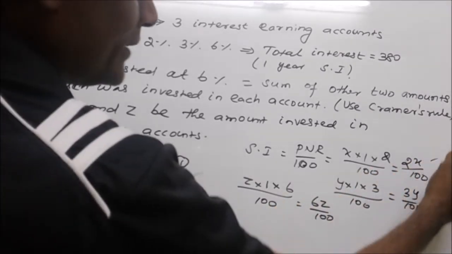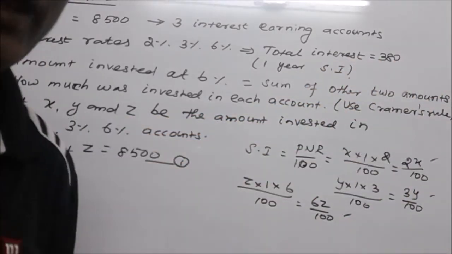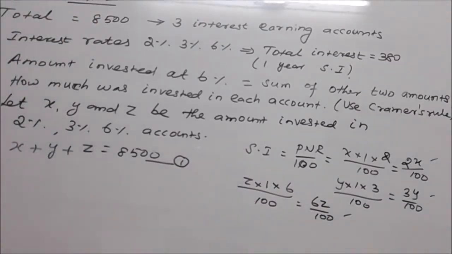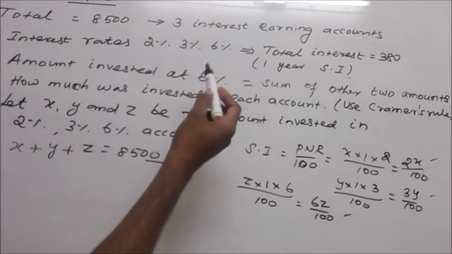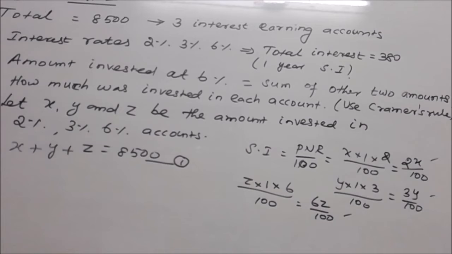So these are the interest earned in 1 year. The total interest value is 380, given. So we should add these three values and equate to 380, because the interest at 2%, 3%, 6% will yield a total interest of 380.